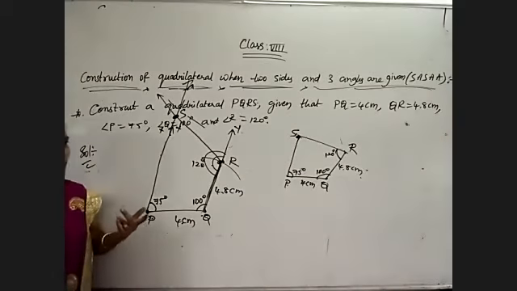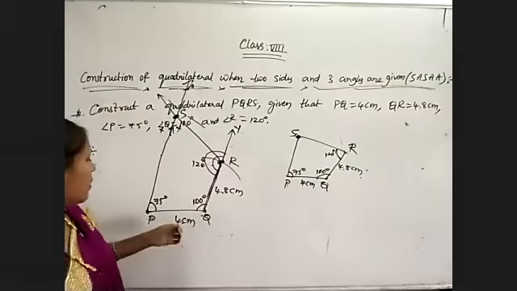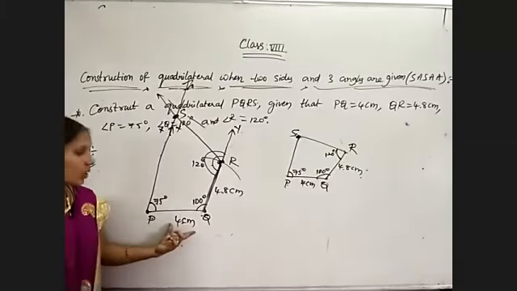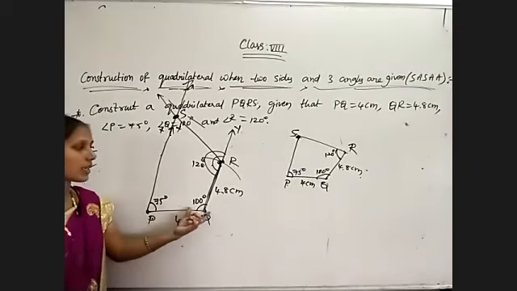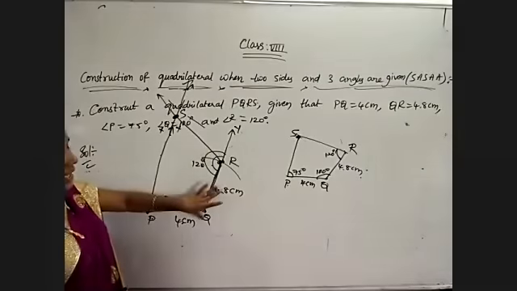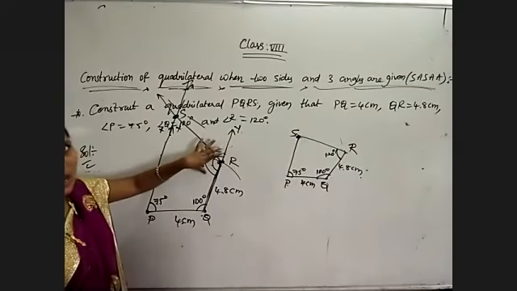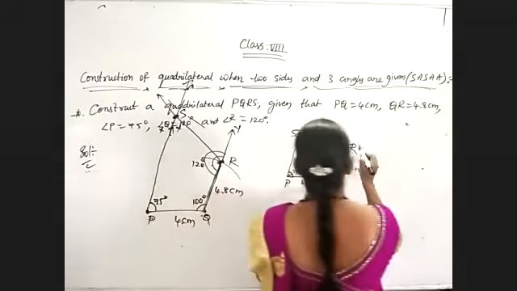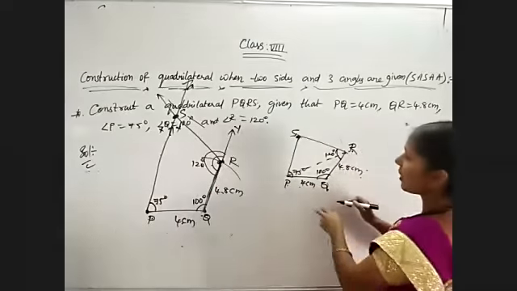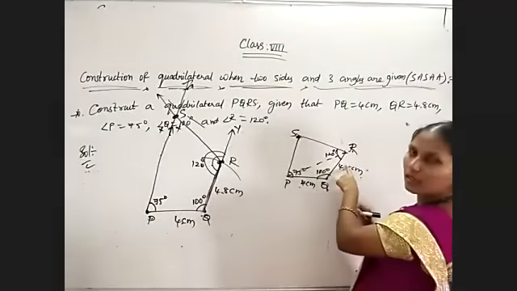That's all. So the construction steps, what are we doing? First of all, construct the line segment PQ of 4 centimeters. Construct angle P, construct angle Q. Then with the radius, find out the point R. Otherwise, what you can do is first construct the triangle PQR by using the side-angle-side criterion.